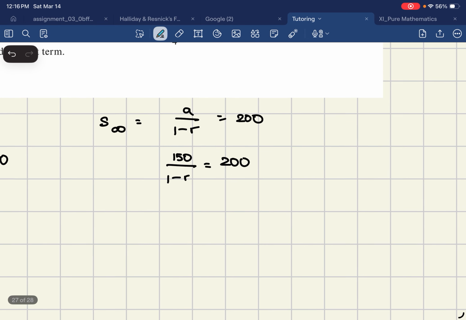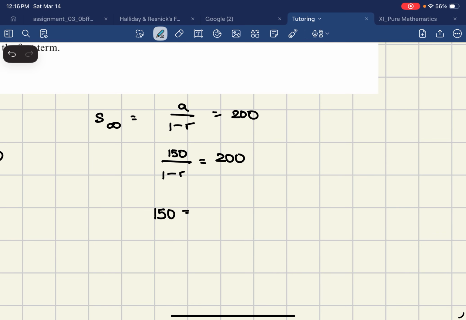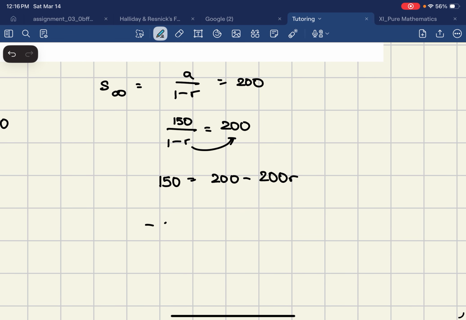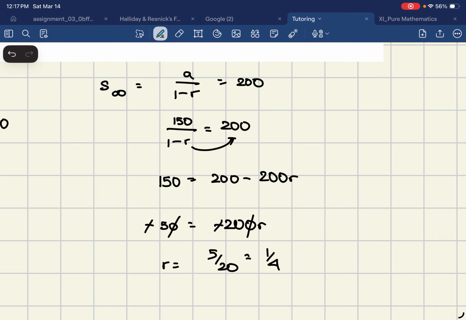Now we can solve for R. If I multiply 1 minus r on both sides, I get 200 minus 200r, right? So I get negative 50 is negative 200r. Now I'm doing the algebra very quickly here. These will cancel out, and I get r is equal to 5 by 20, which is just 1 over 4. So that is your common ratio.